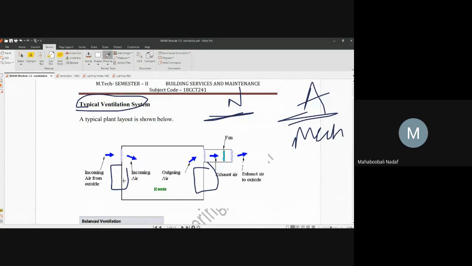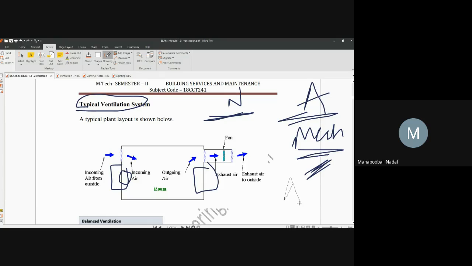Simple concept. Inlet, exit. That is natural ventilation. In mechanical ventilation, some equipment such as fans, ducts, compressors, or anything that is present in that room, that type of ventilation system we call a mechanical system.